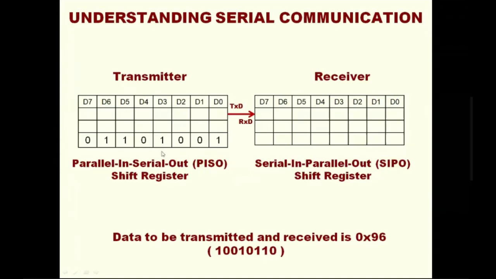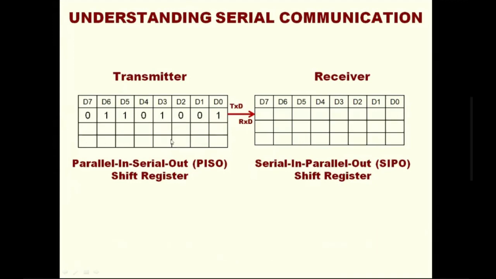Internally, data transfer is happening in parallel. You see, internally data communication is happening in parallel. Data comes up in parallel, and serially the data shifts out. That is why all the transmitters in serial communication are parallel-in serial-out shift registers, as you see on the screen.